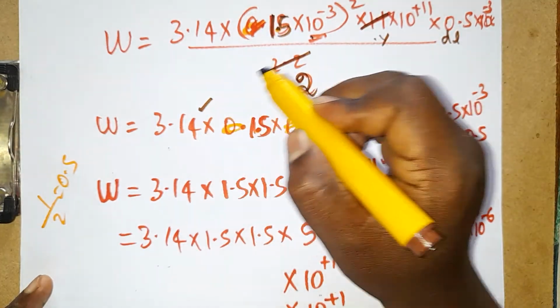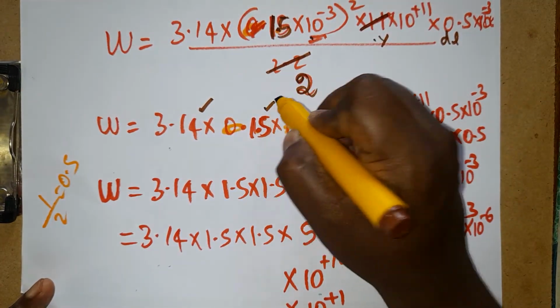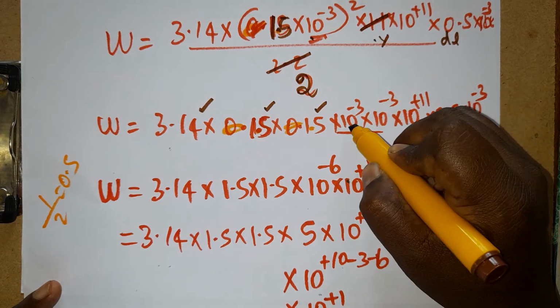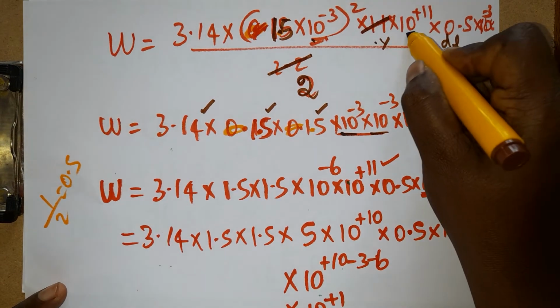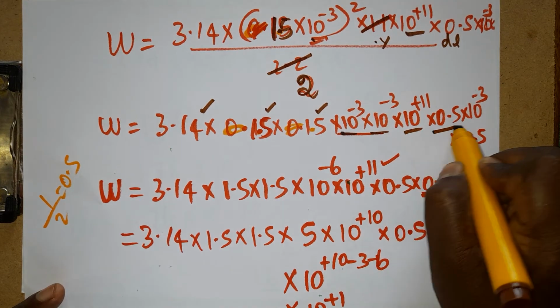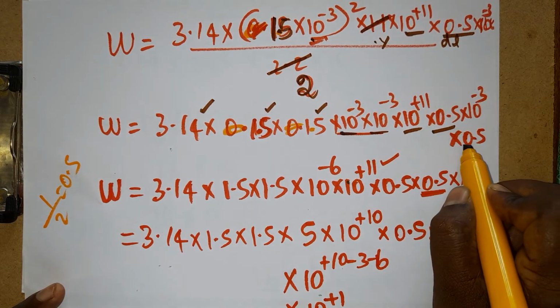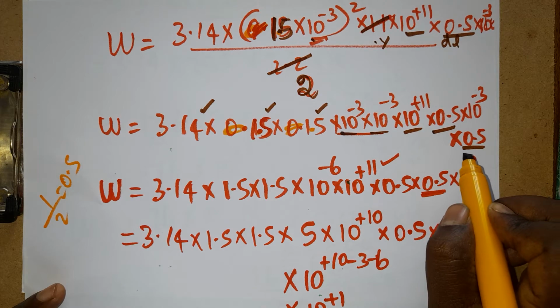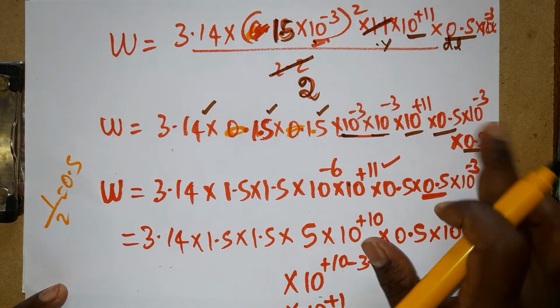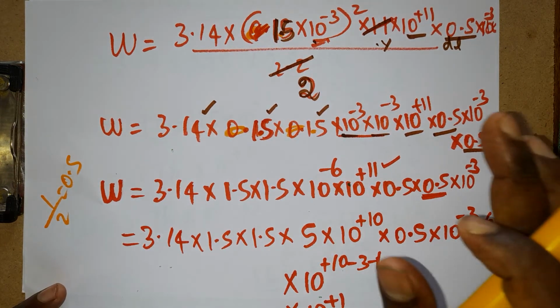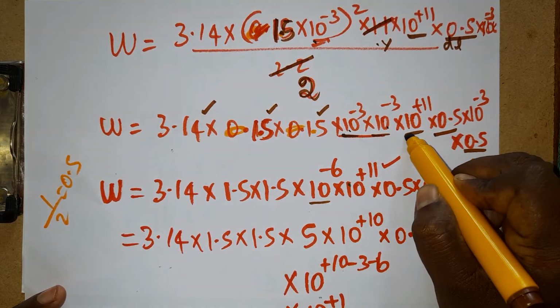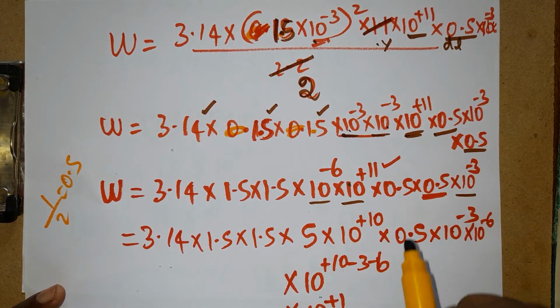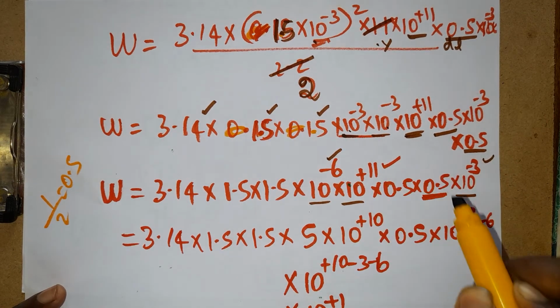So 3.14 pi, 1.5 radius, 1.5 radius, just r square. 10 power minus 3, 10 power minus 3, 2 times, 10 power plus 11 will be there. 0.5 is for the changing length, again 0.5 is for the 1 by 2. This is the calculation I will get. So all the powers: 10 power minus 3 minus 3 gives minus 6, and 10 power minus 3 again gives minus 9.